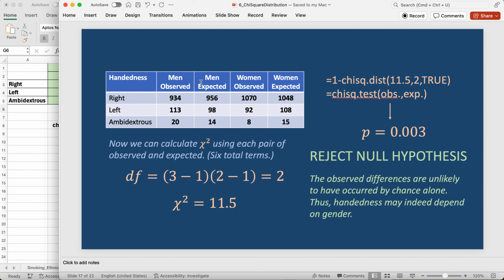But when we have 2 categorical variables, gender and handedness, we need to multiply the degrees of freedom for each one. So the total degrees of freedom, for handedness, we have 3 categories, so that's 3 minus 1. And for gender, we're listing 2, so we have 2 minus 1. And so it's 2 times 1, which gives us 2. So 2 degrees of freedom and a chi-squared of 11.5.